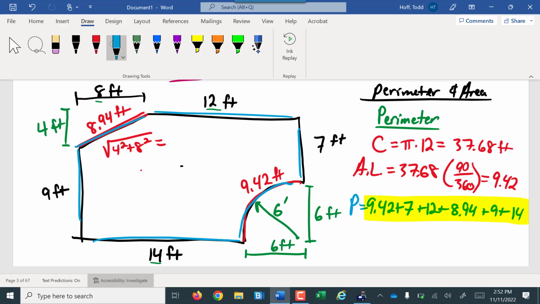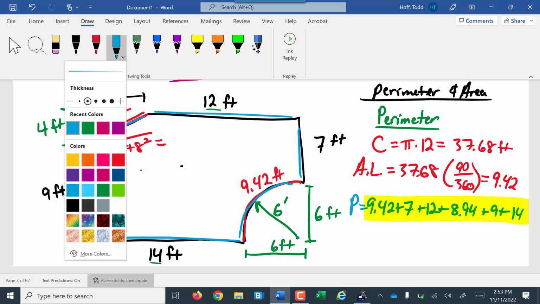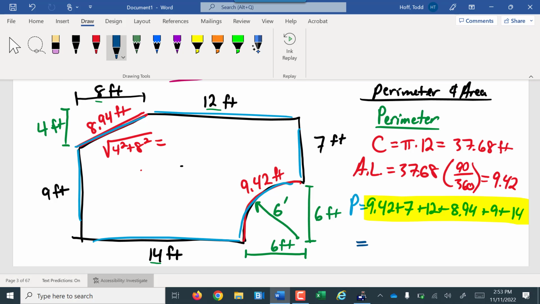So we add those up. So what do we have there? 20, 27, 36, 50, 59, 60.36, I believe. Feet. So there's our perimeter.